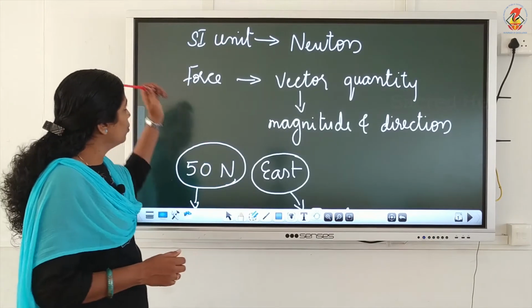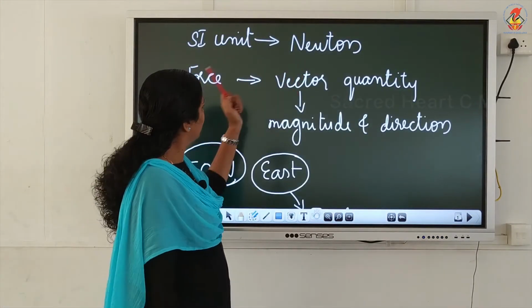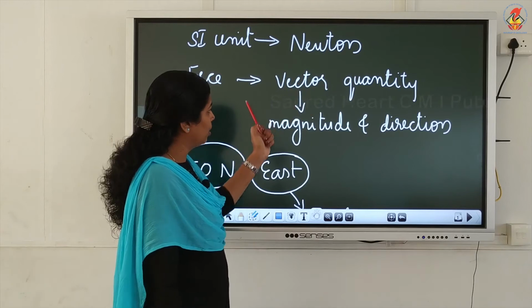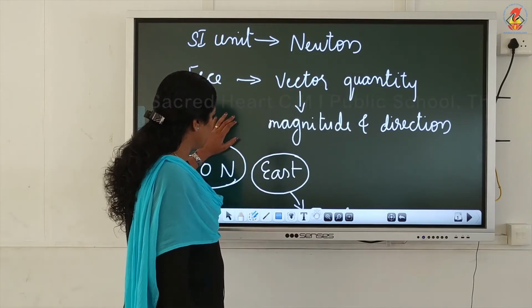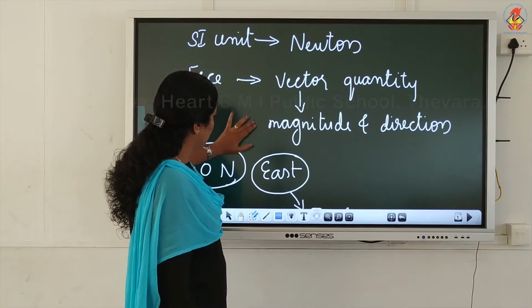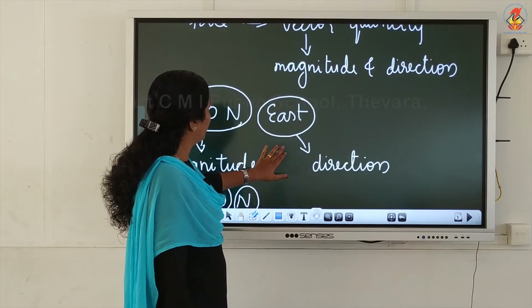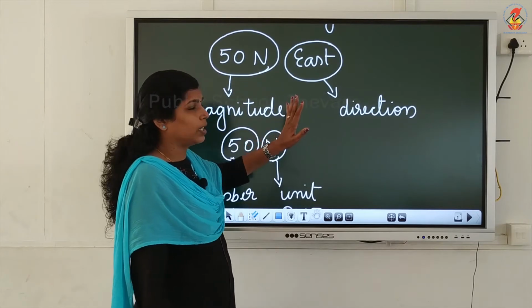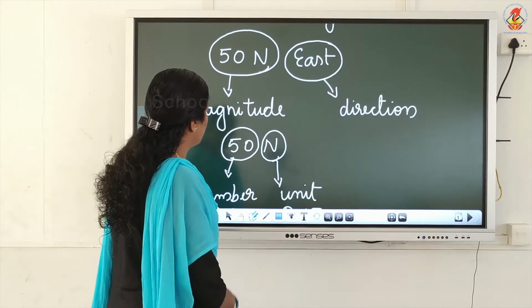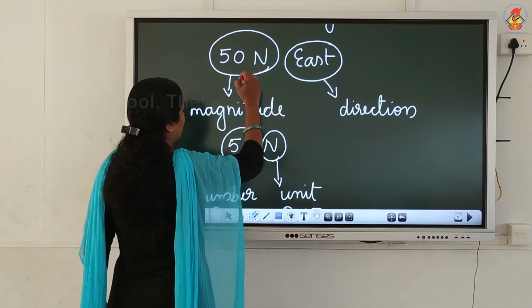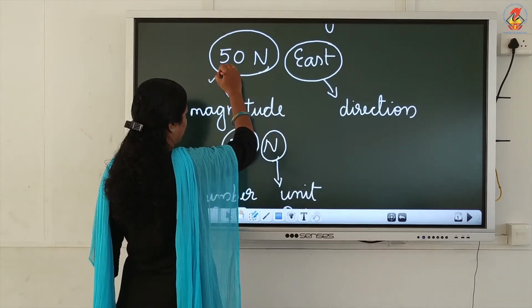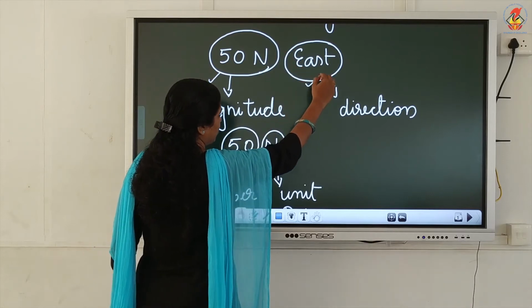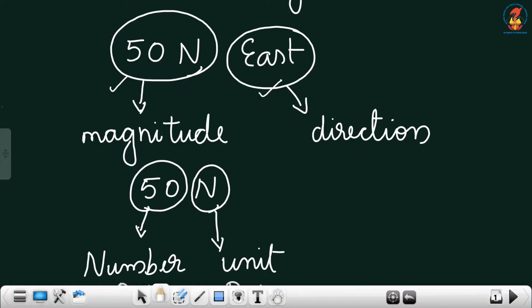So the SI unit of force is Newton. Force is a vector quantity, meaning it has both magnitude and direction. Suppose I have written it like this: 50 Newton in the east direction. This 50 Newton represents the magnitude, and east represents the direction.